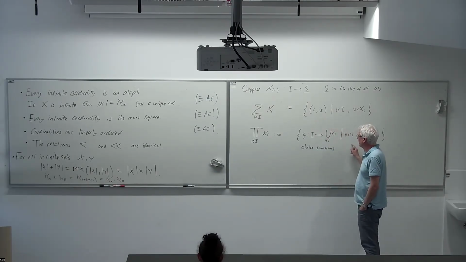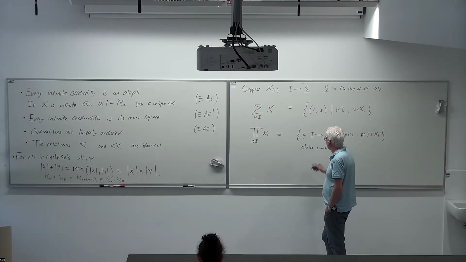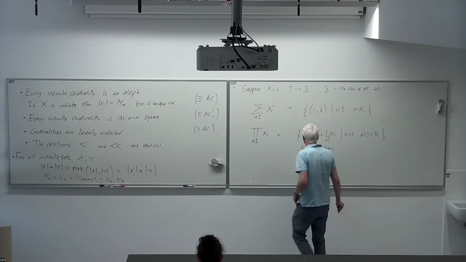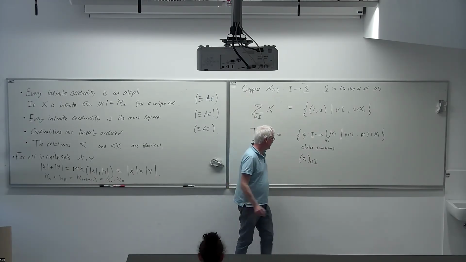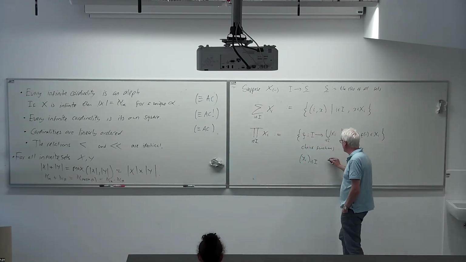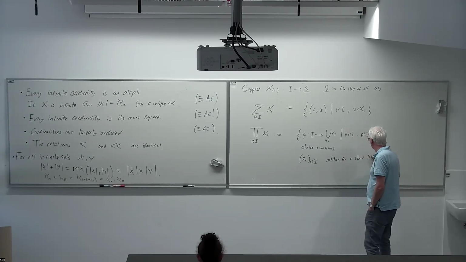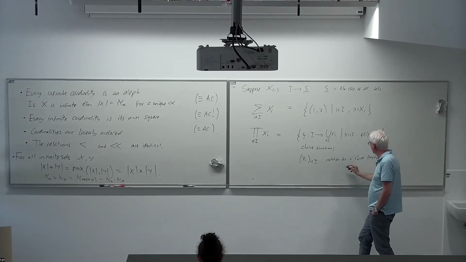And we've also sometimes used the notation like this for such a choice function, and also view it as what we call a family of elements from the family of sets, capital Xi. So this is the notation for a choice function. It's also known as a family of elements.